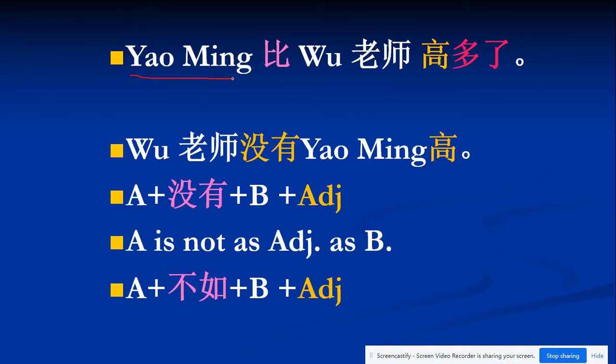Now let's get to the negative sentences. 姚明，你们认识吗？姚明比吴老师高，对吧？哇，姚明比吴老师高多了。That's the positive structure.